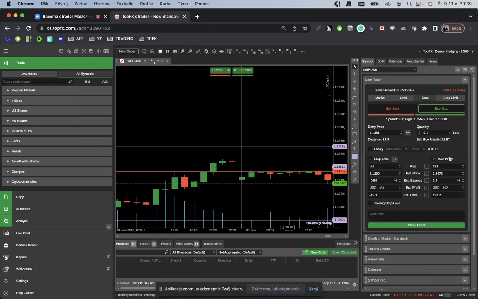So you place this order, and during the next hour, let's say you went jogging, you went to bed, something happened, you had a conversation, whatever the reason is that you are not in front of the monitor, the laptop or mobile, whatever you choose. There are plenty of platforms to choose from in TopFX.